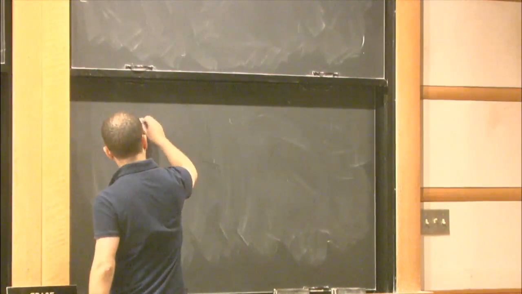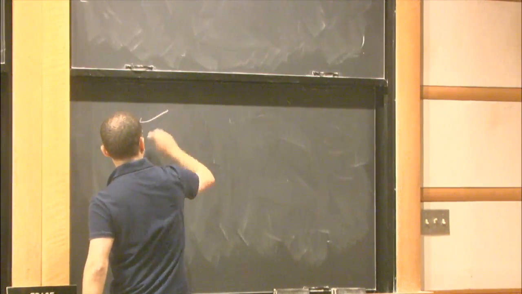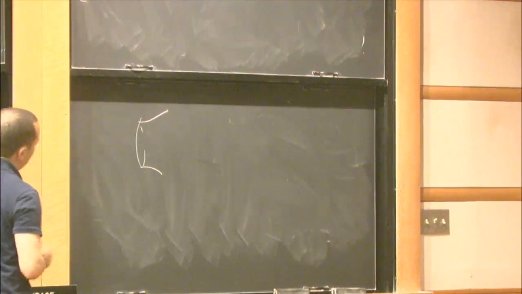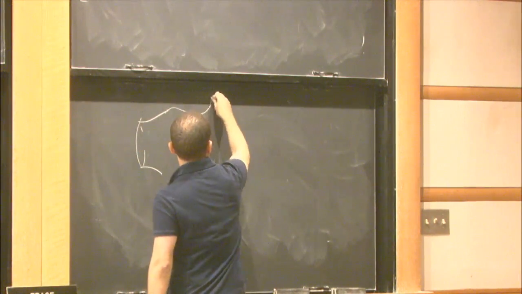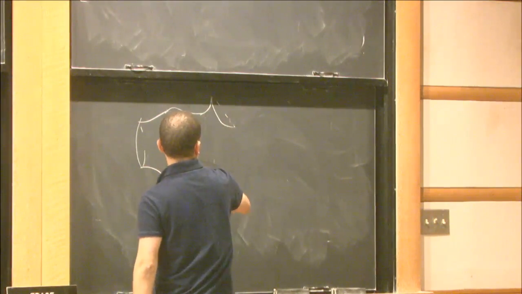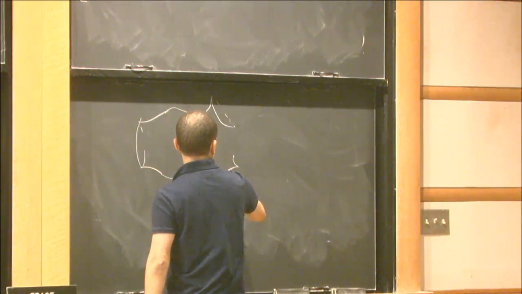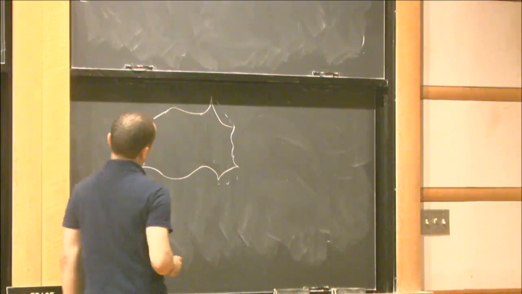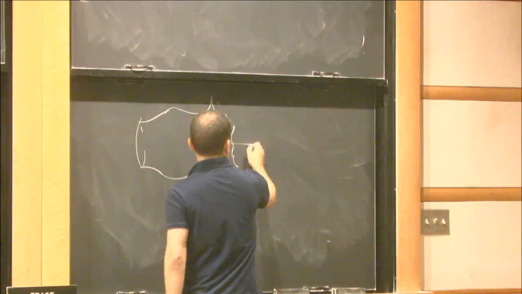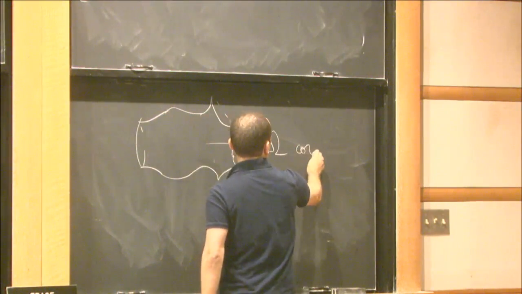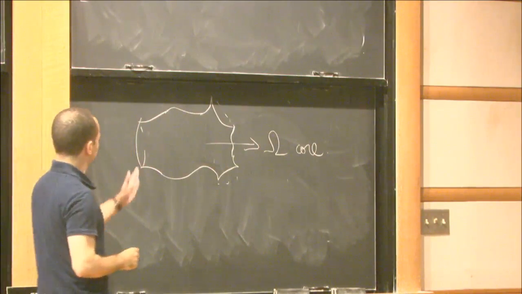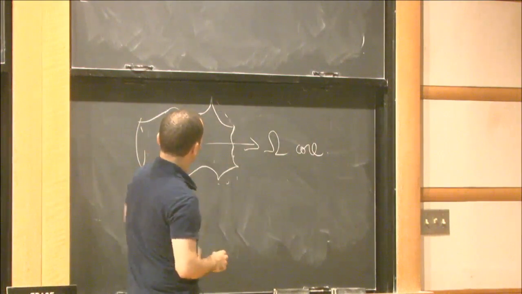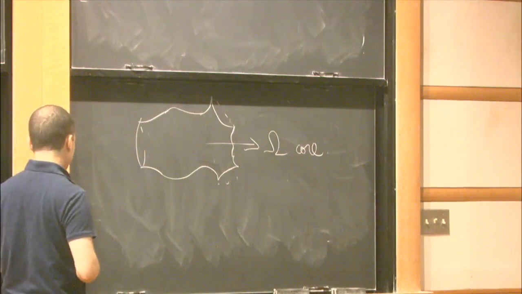So he knows that there has to be some stable surface, and then he starts cutting the manifold along these until he finds some region, some core, which is the smallest region bounded by stable surfaces.